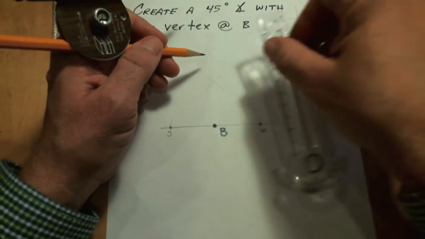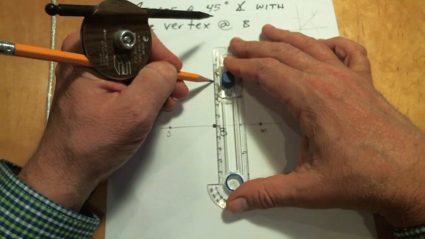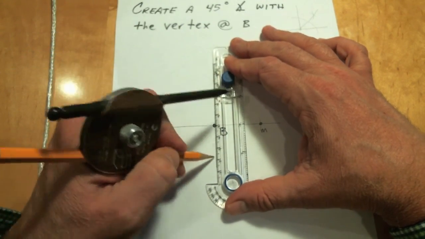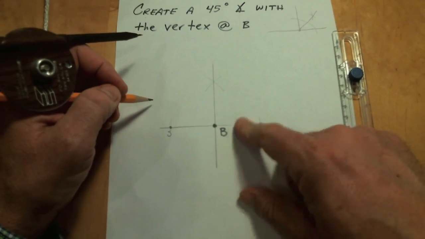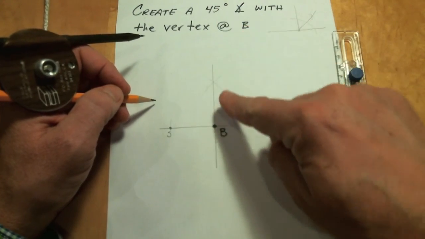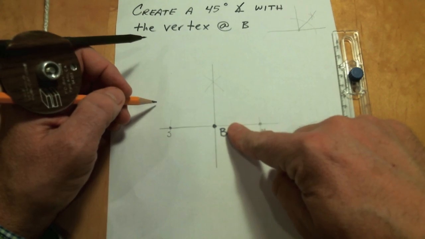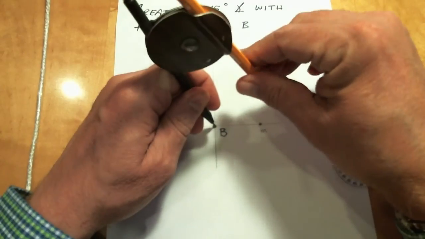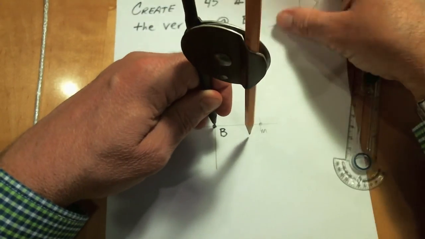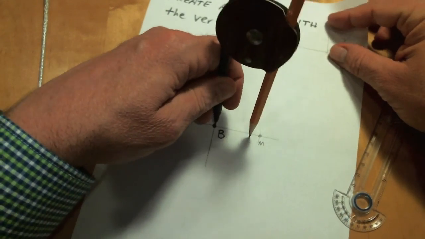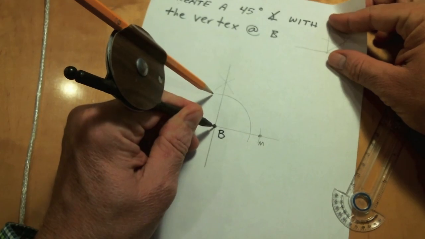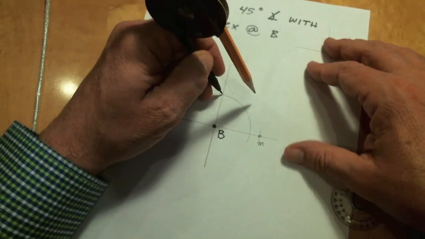And now, time to connect those two pieces. Now I have a 90-degree angle. I'm trying to create a 45-degree angle, so what I'm going to do is bisect that angle. All right. Don't worry about the background noise. Let's strike this arc. Now I'm going to bisect that angle.